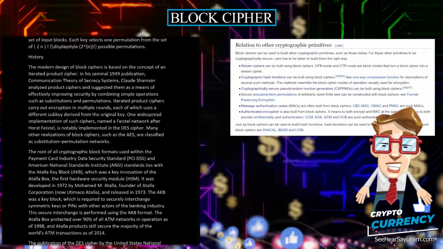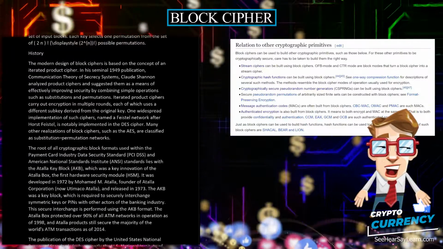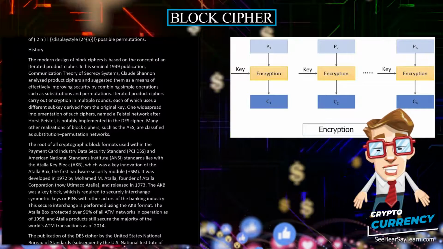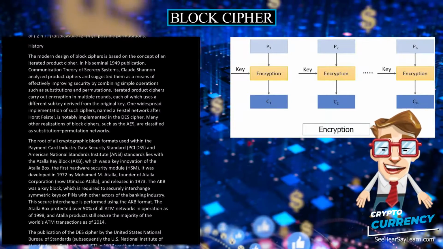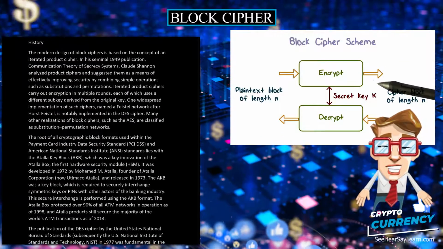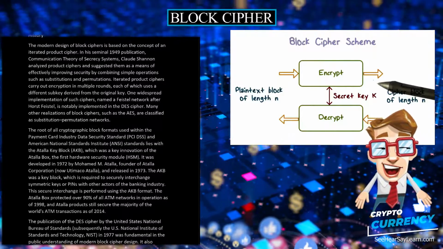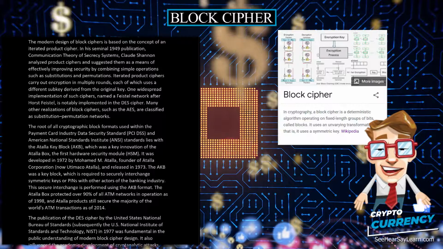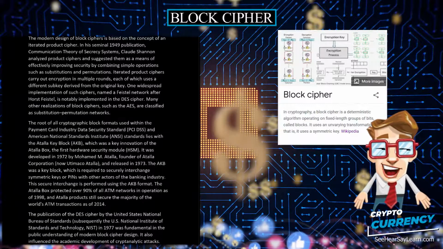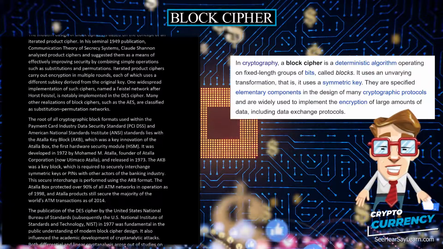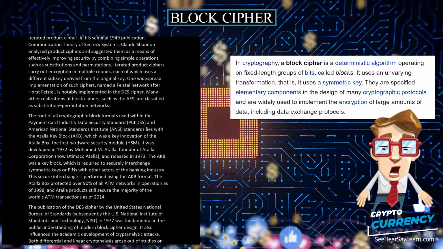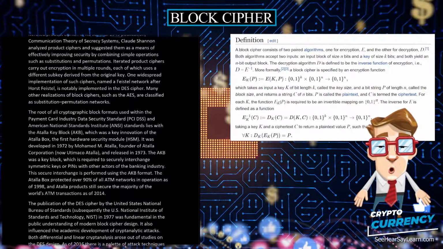Iterated product ciphers carry out encryption in multiple rounds, each of which uses a different subkey derived from the original key. One widespread implementation of such ciphers, named a Feistel network after Horst Feistel, is notably implemented in the DES cipher. Many other realizations of block ciphers, such as the ICE, are classified as substitution-permutation networks.